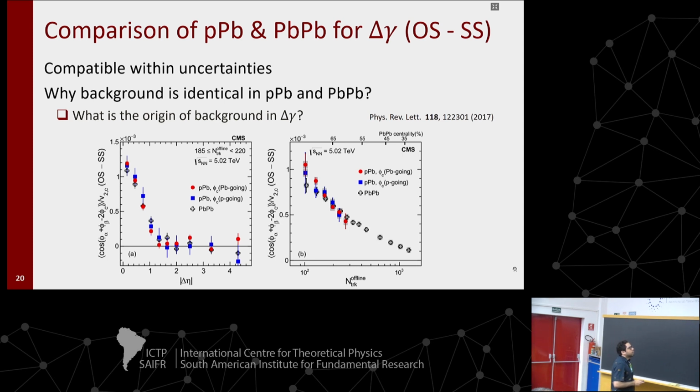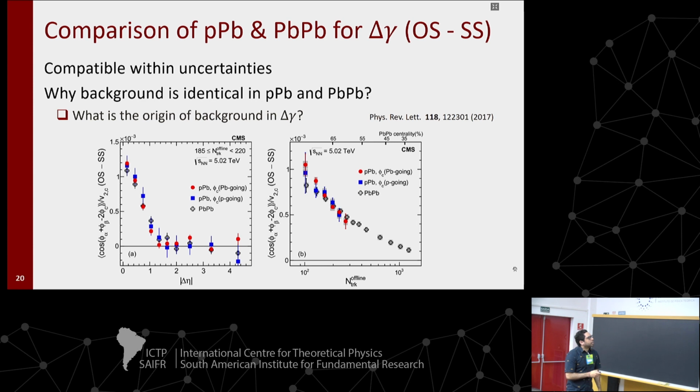We do this as a function of the delta eta between the two particles used in the correlator, but we also do it in terms of charged particle multiplicity, which we call N-track offline. These are reconstructed tracks. Based on the uncertainties, they are in principle compatible.